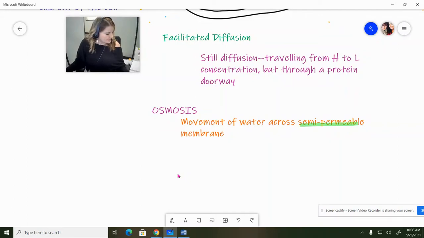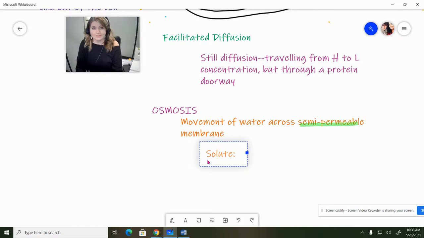So with osmosis, we have to understand a couple of different terms. We have to understand what a solvent and a solute are, and a solution. Those are three different terms that sound very much the same. So let's look at solute.